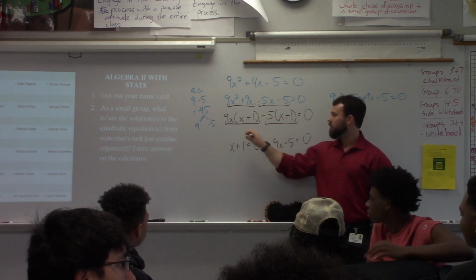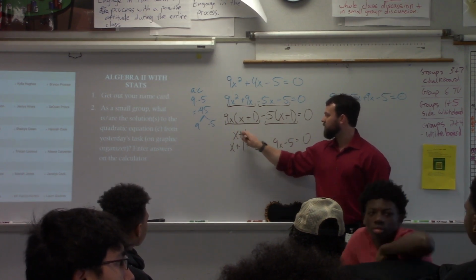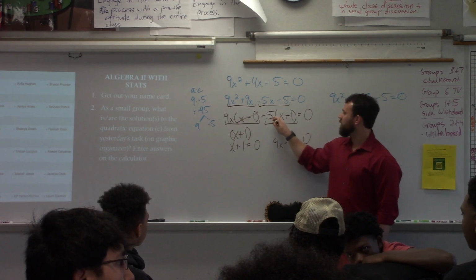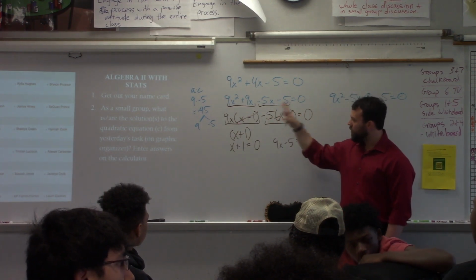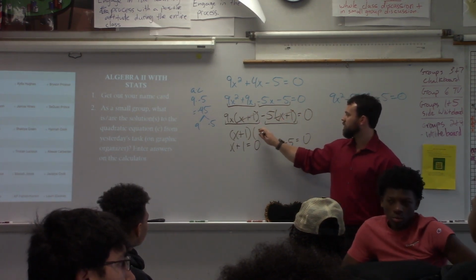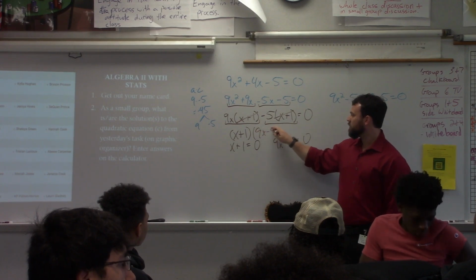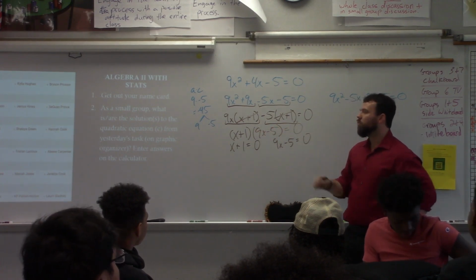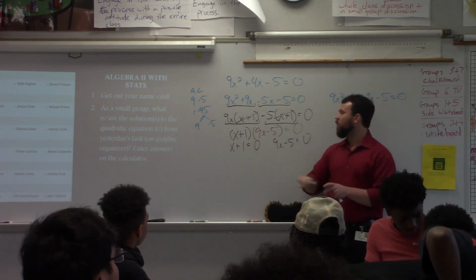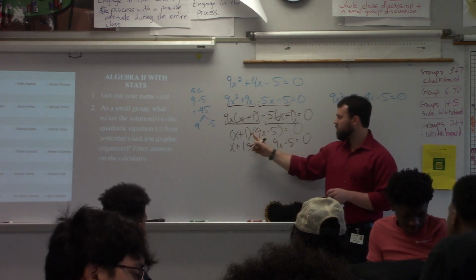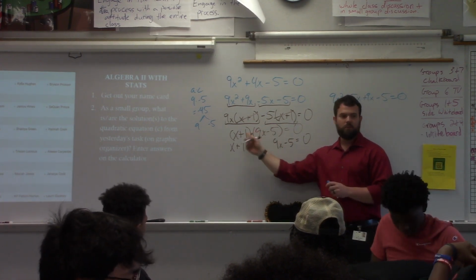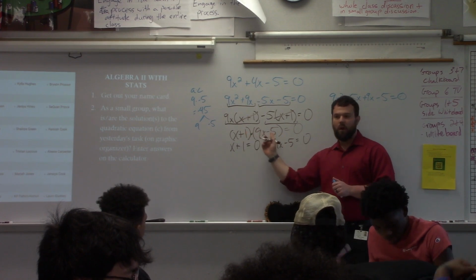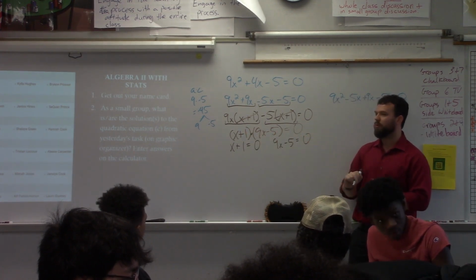X plus 1. So when I factor out that x plus 1, I only cross it out to help me focus my attention. What am I left with? 9x minus 5. Once you have the factored form, a product, these 2 things are being what? Multiplied. If I have a product of 0, then I can use the zero product property.